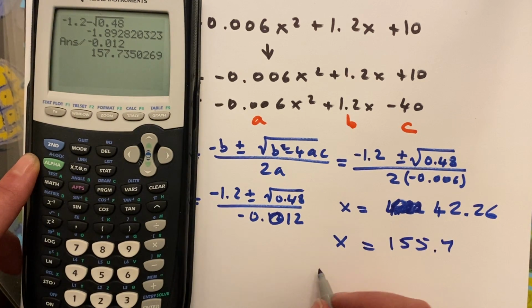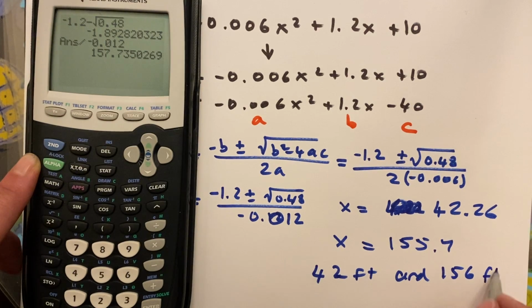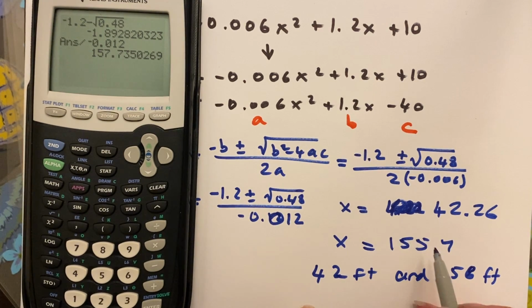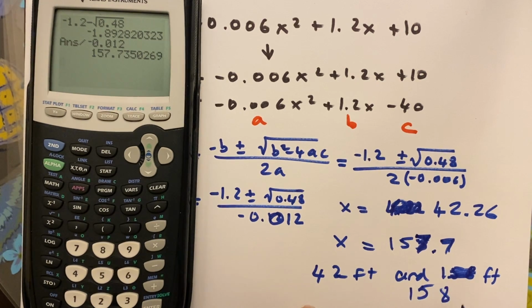If I round both of those, I get 42 feet and 158 feet. Oh, sorry, it should be 157.7 if you do it on your calculator, so let me just correct that. 158 feet.